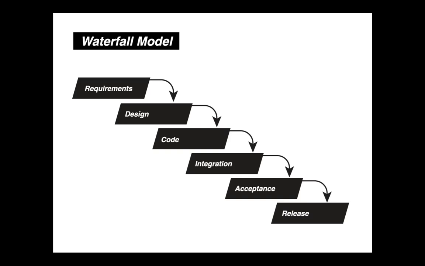Then integration. So integration would be maybe launching a beta version of the app, or the game, or the website, or whichever users have to interact with. And from there on, you'll get feedback, and you'll go back and do some fixes, etc.